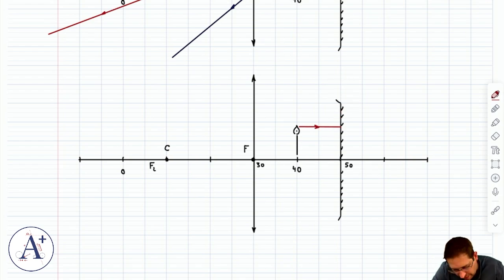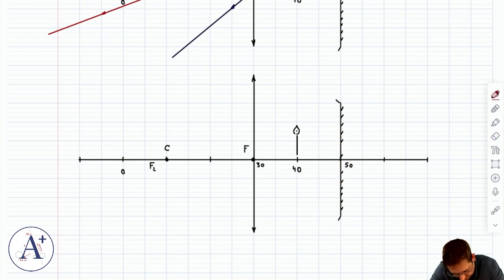I'm going to draw the ray of light that is coming in parallel to the optical axis. The focal point of the mirror is right here at x equals 30, right? Because it has a radius of 40, right? So this is 10, 20, 30, well, no, what am I doing? It has a radius of 40.